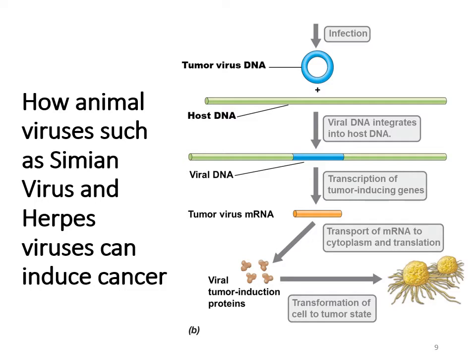So you have to be careful with any of these infections because it's not like, oh, I could just pop a pill and suddenly I'll feel better. No, a lot of these viruses stay with you for life and can cause cancers.